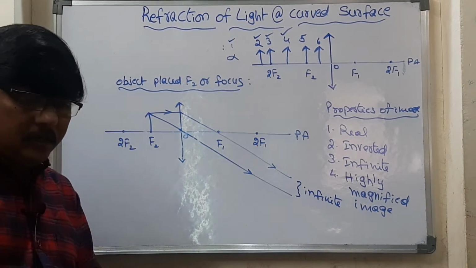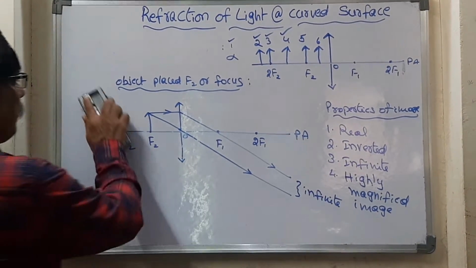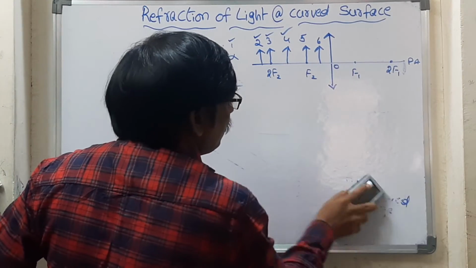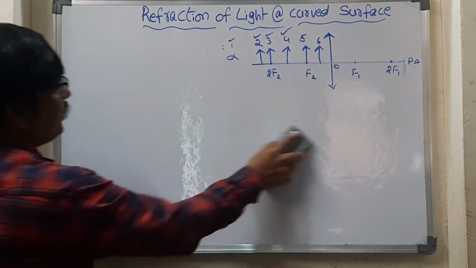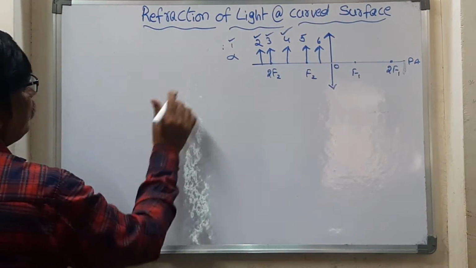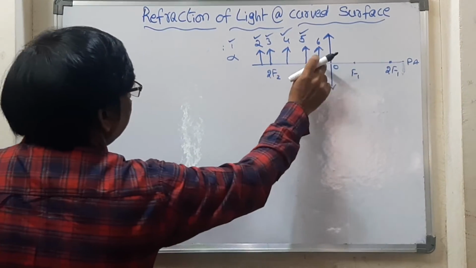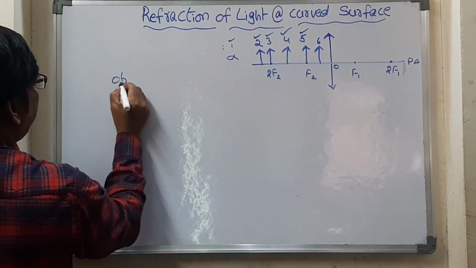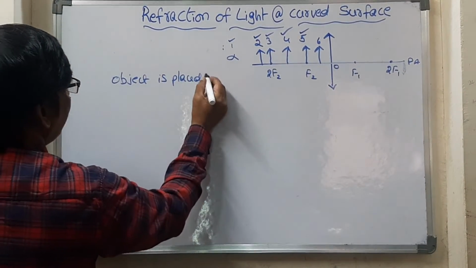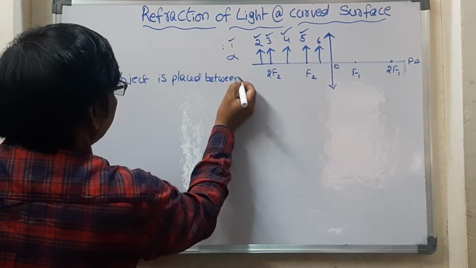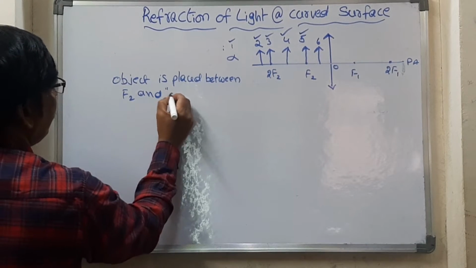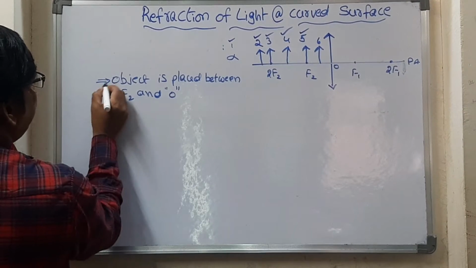Okay, and next, now the most important one. This is the most important situation. This will be asked in the exam. Now let us see. This part is completed, and here the object is placed between f2 and optic center. This is one way it can be asked.